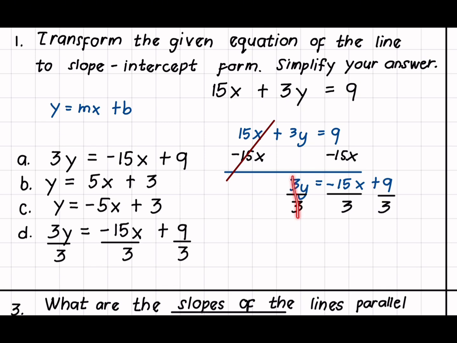So 3 divided by 3 is simply 1, or we have 1y is equal to negative 15 divided by 3 is negative 5x, and 9 divided by 3 is 3. Now, it is in the form of y is equal to mx plus b. So this is our final answer. Y is equal to negative 5x plus 3, which is letter C.